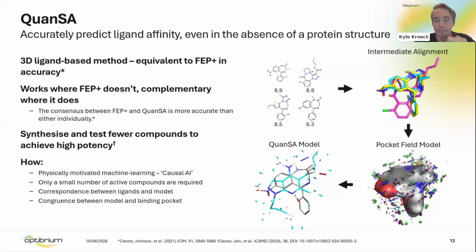QuanSA represents an evolution of these concepts, utilizing the surface-guided quantitative modeling, or QMOD, approach to construct an interpretable physical model of a binding site known as a pocket-field. Unlike the rigid grids of the past, QuanSA employs a hybrid strategy that combines 3D molecular similarity, docking, and multiple instance machine learning to inform models of structure-activity relationships.